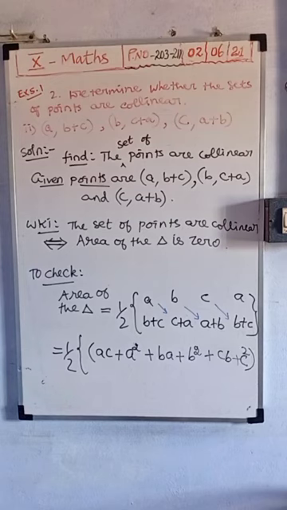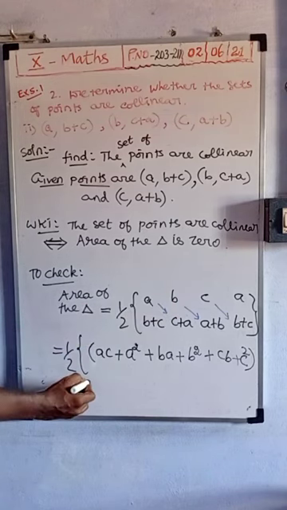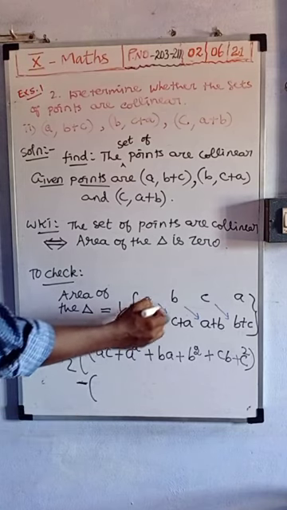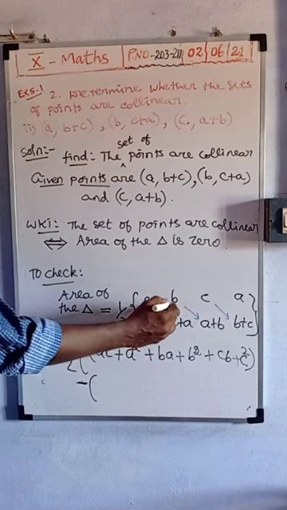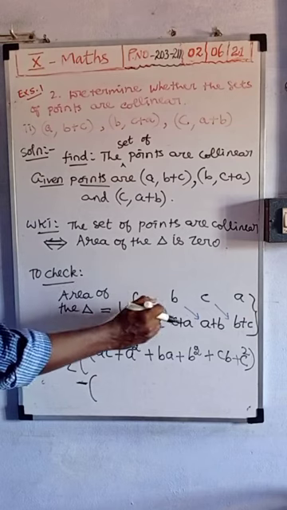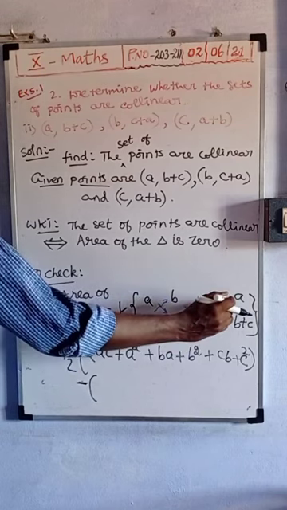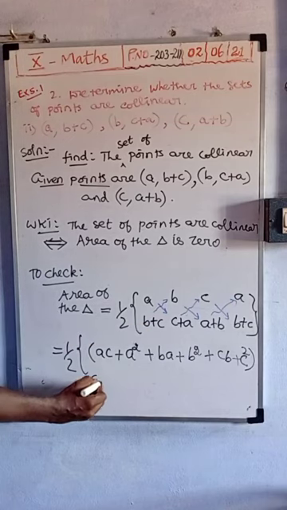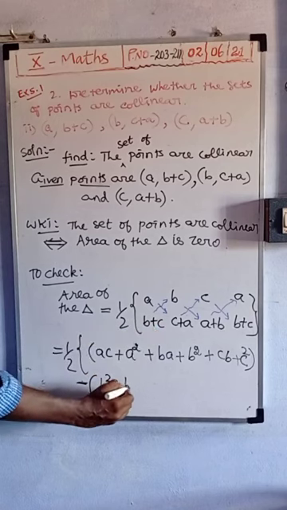Now like that, here B plus C is common. So minus of, now B is common for B and C. Like that you should multiply, down to up or up to down, like this. B into B, B squared, plus B into C, BC, plus BC.